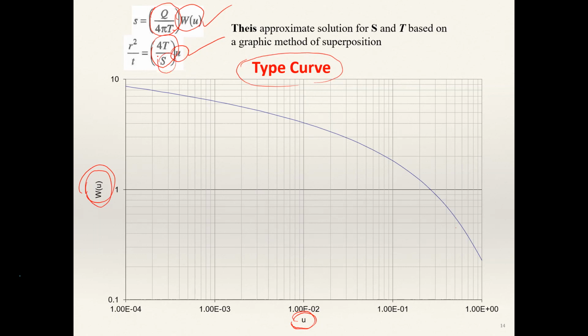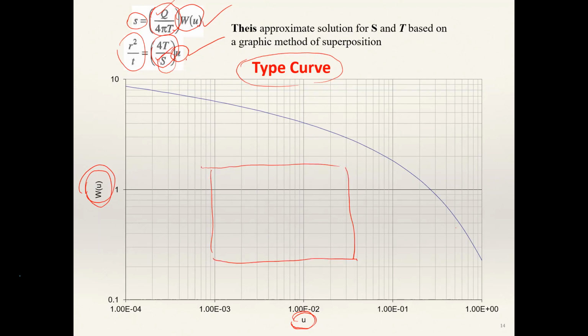So if you have a relationship between this W(u) and u here, we must have the same relation between s and r squared over T from the other side. Why is it? The reason is these are constants. So what this suggests is, take another piece of paper, then plot it like this.